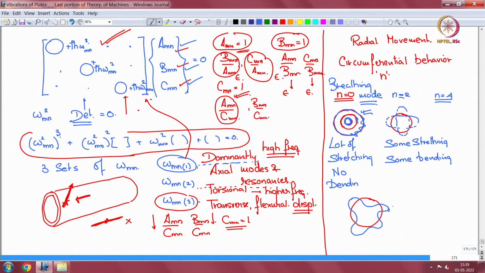Yeah, something like that, more symmetric, but you can see that there is a lot more bending, a lot of bending, and hardly any stretching, less stretching.